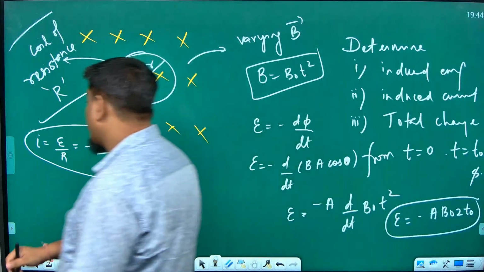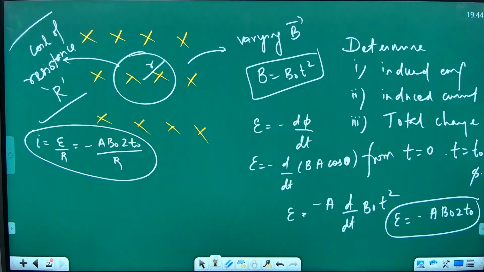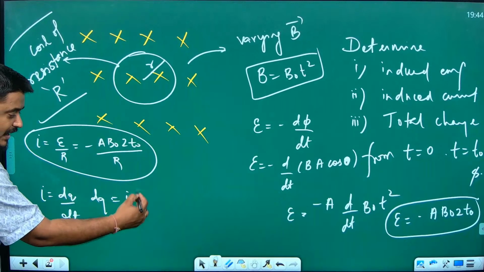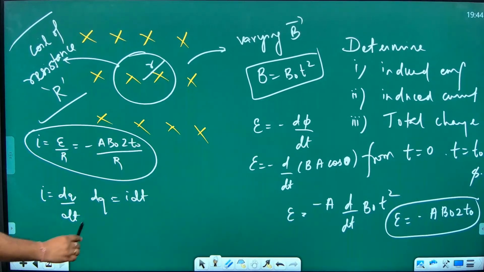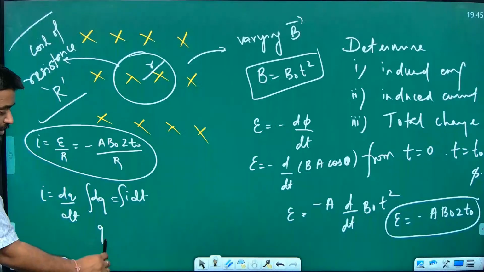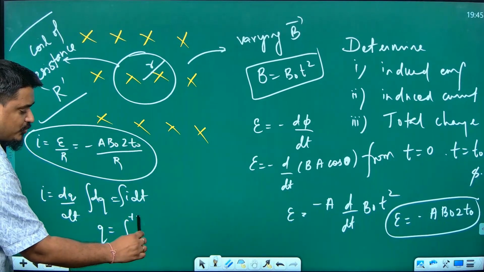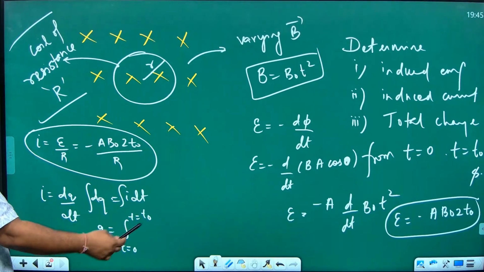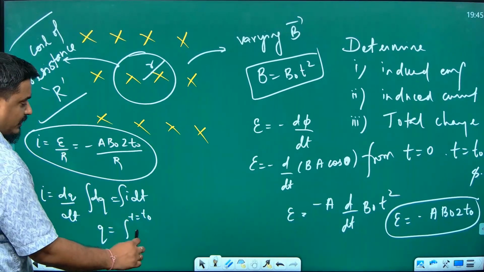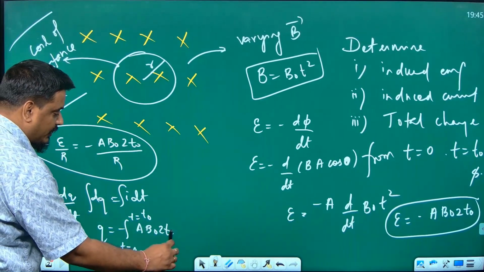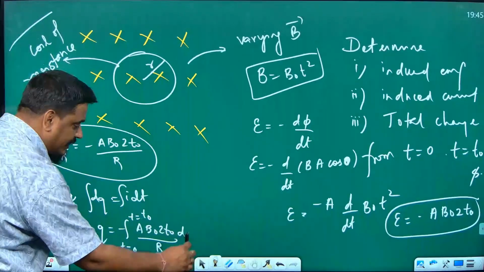But now the third is very important, total charge, because I is equal to dq by dt. So dq will become equal to I dt. Here you will put the limits of integration. Integrating both sides, q is equal to the integral from t is equal to 0 to t naught of I dt. What is I? We have found it here: negative A, B naught into 2 t by R into dt.